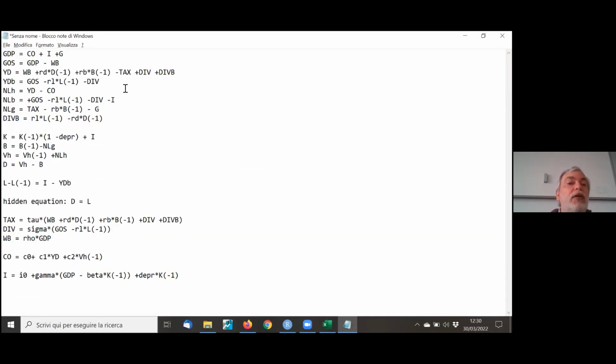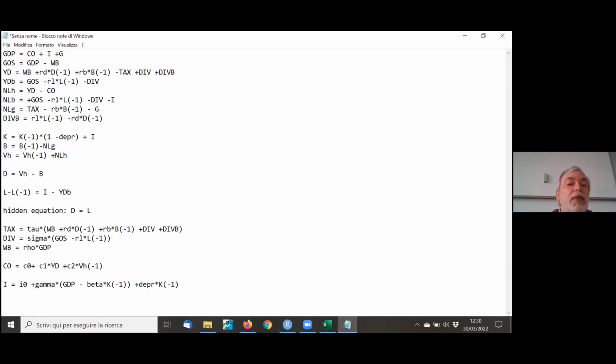I have not listed this in here, but I should list in this VB as the difference between capital and loans. But this VB is not feeding back to anything. So it's a stock which is there but plays no role. But I would suggest that we handle this later.